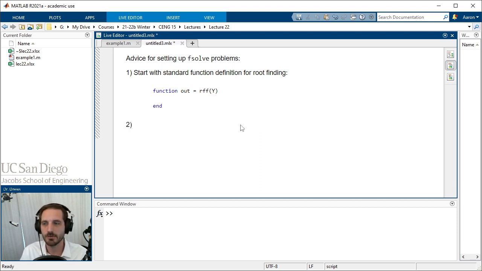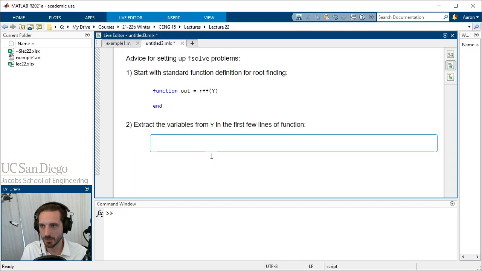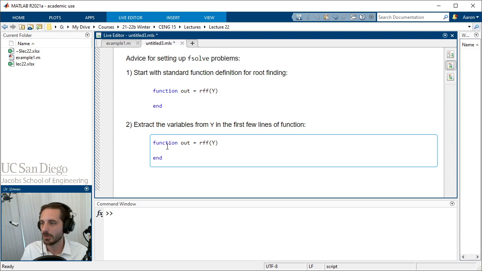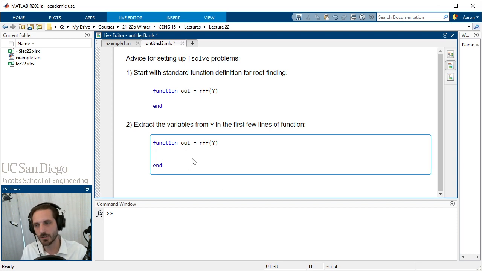So that's kind of where we get started. The next step after that is extract the variables from y. And I usually do this in the first few lines of the function. So if we insert another code example here and just copy paste our previous one, what does that mean? Well, what that means is the first couple of lines, you can go in here and extract the variables that are sitting inside of y.